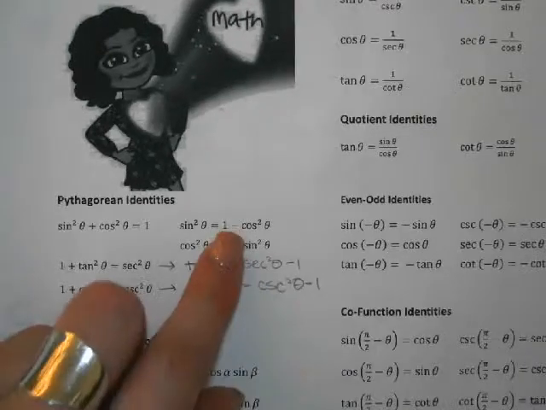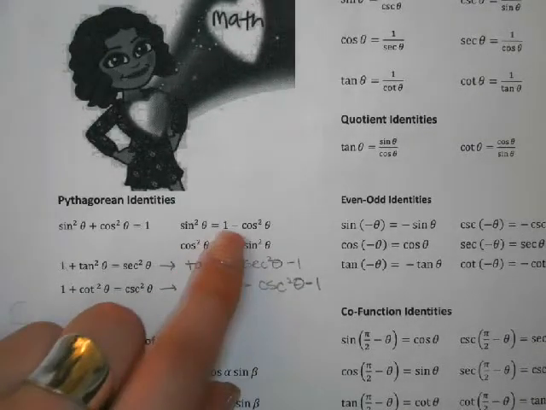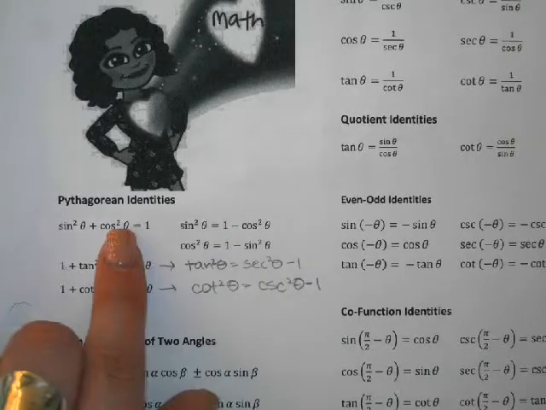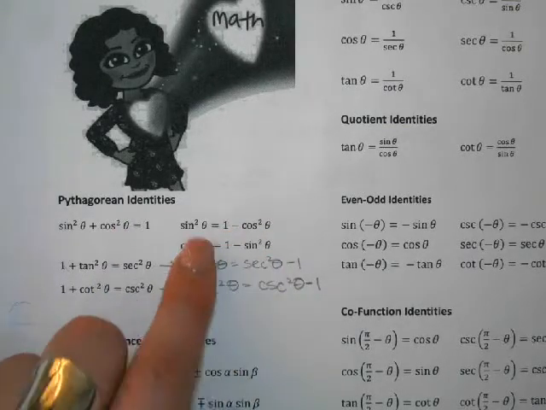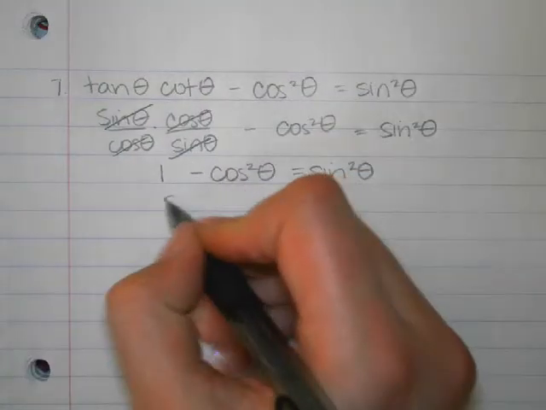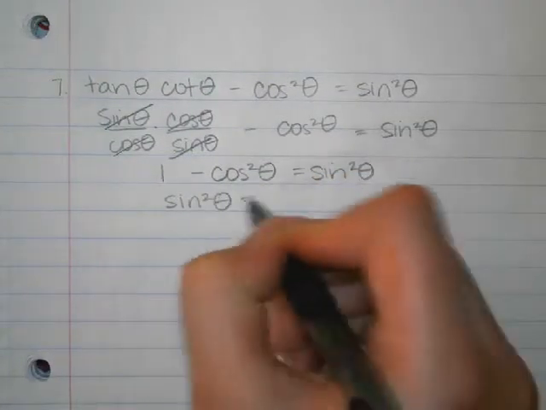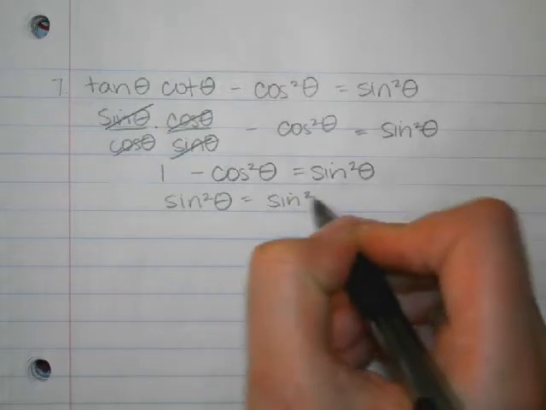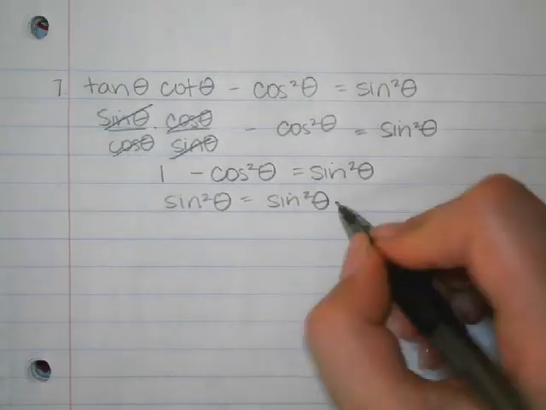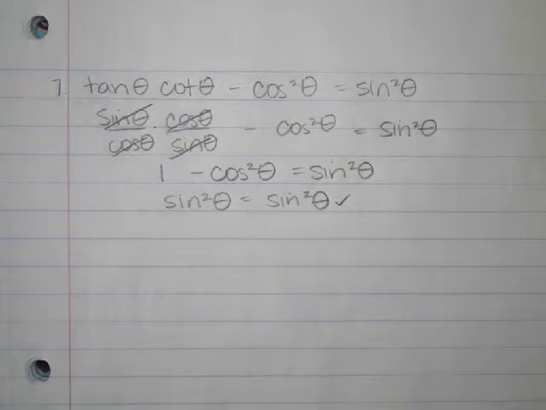Yeah, it is, right? So if we look at it, it's one of the alternate identities for the first one. So 1 minus cos squared is the same thing as sine squared. And so I can go ahead and say that this is sine squared equals sine squared. Done. All right, go ahead and work on number 8.